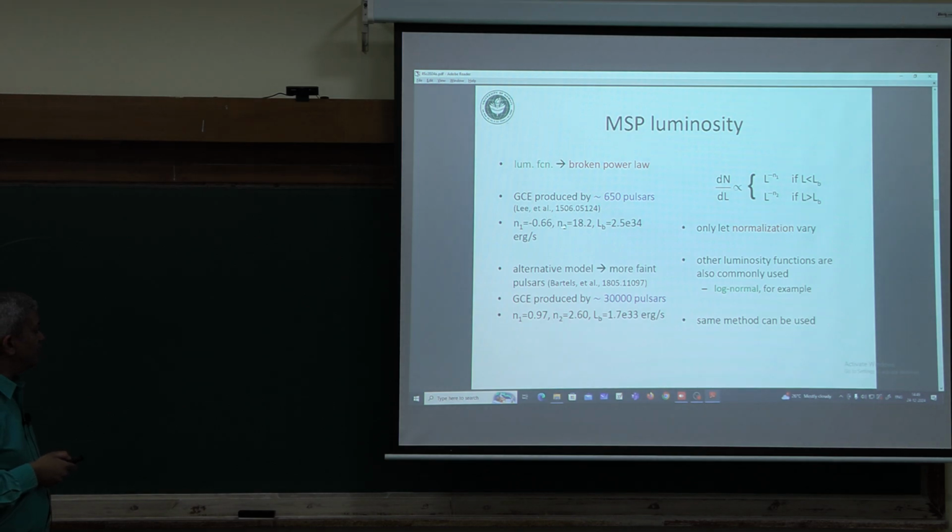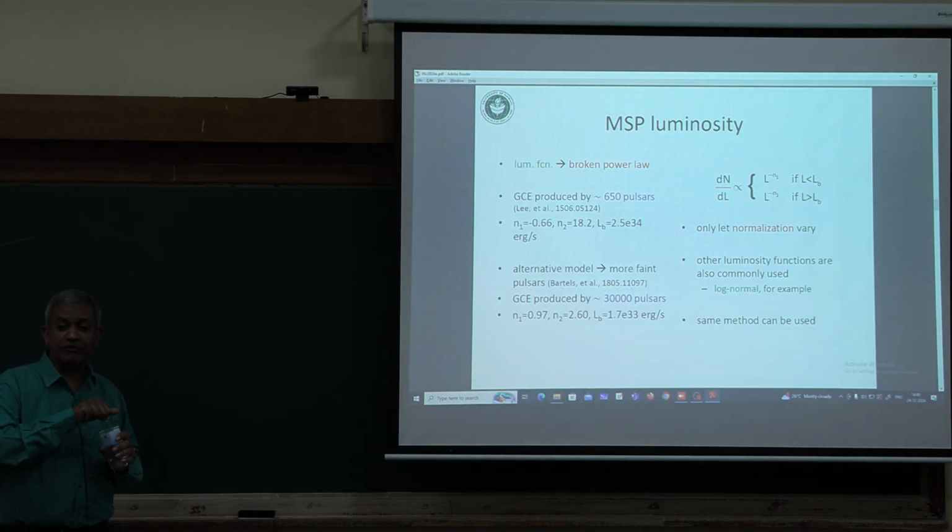And these are the parameters they find for the power laws and the breakpoint. This is a model they use to explain some of the early non-Poisson template fitting analyses, where you saw a lot of clumpiness in the photon spectrum in the Fermi-LAT data, and you want to explain it with millisecond pulsars.